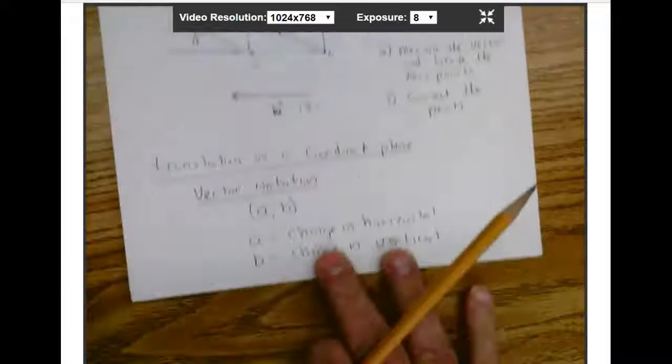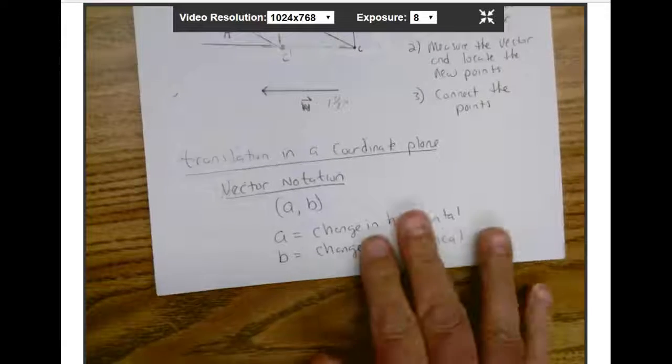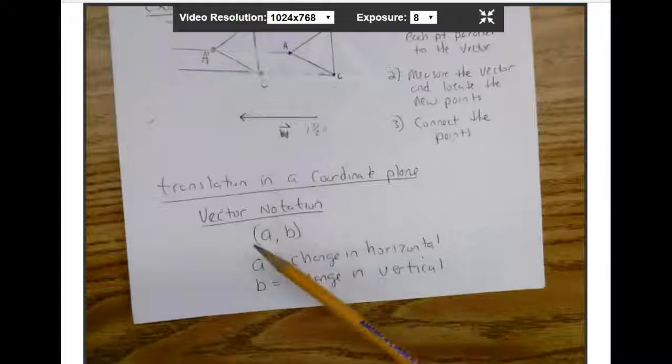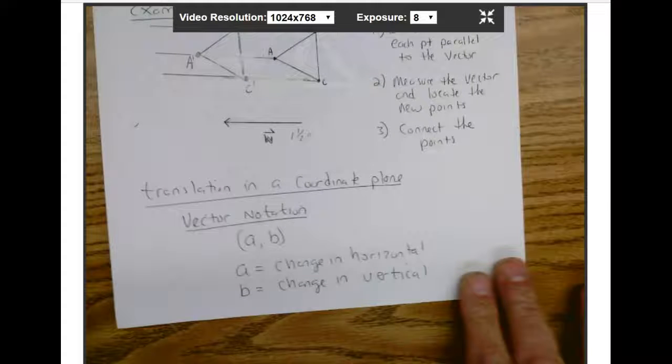But also there's some different ways. One is through something called vector notation, and you really tell what is the x and y coordinate of that total vector, and then you plug it into the points you already have, and you can figure out where that new point would be without having to draw lines. Okay, so now we're talking about a coordinate plane.